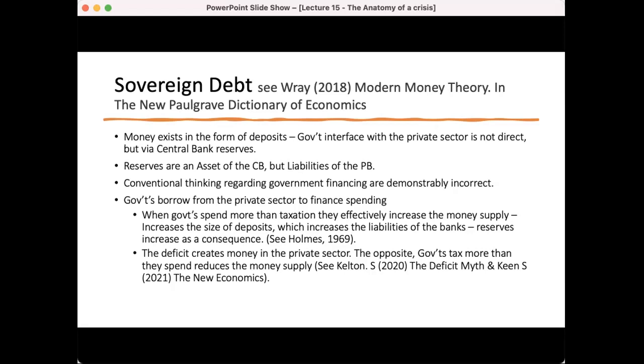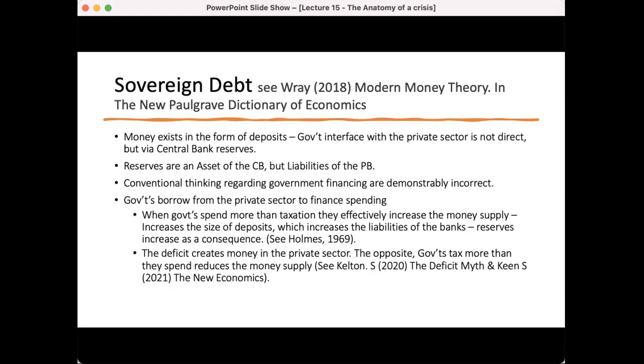But where would you get the money from in order to pay the taxation? So it's a kind of circular argument, but ultimately the logical conclusion is that the government spends the money first and then claims it back in taxation.